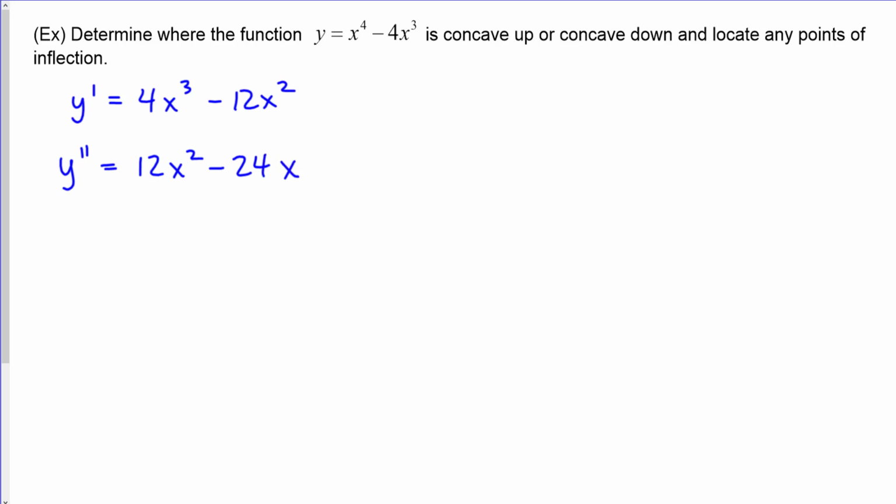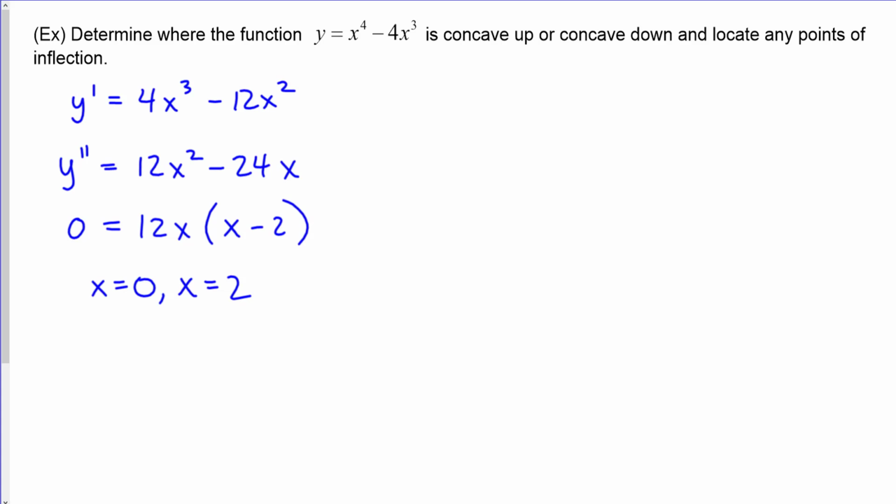And that we can simplify by factoring out 12x, which leaves me x minus 2. So I have two zeros of this second derivative. If I set my second derivative equal to 0 and solve, I get that x is 0 and x equals positive 2 as potential inflection points. All right, it doesn't have to change concavity here, but these are points where it possibly could.